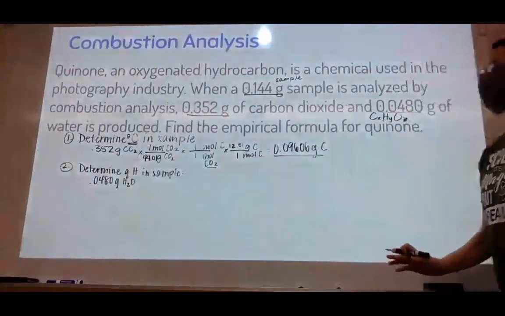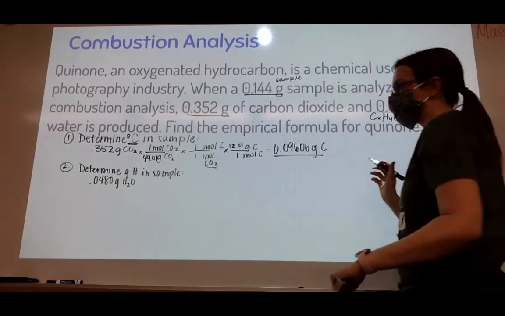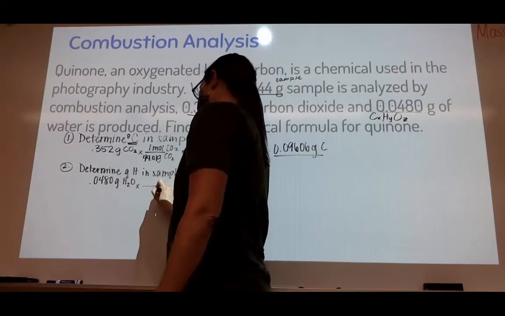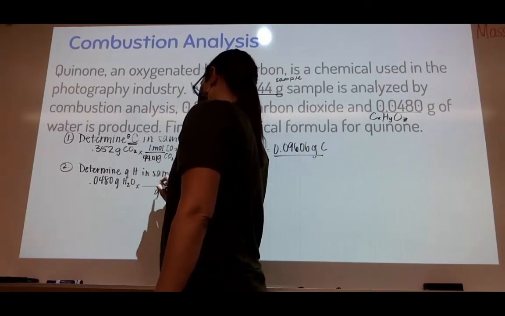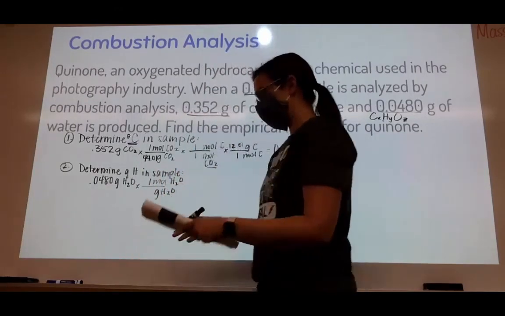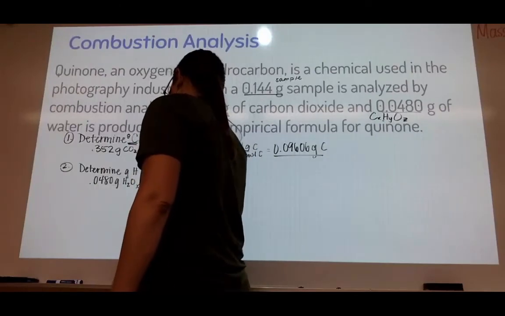Now I have to stoich from grams of H2O all the way to grams of just hydrogen. So I'm going to take my given information and go to moles of H2O. So the molar mass of water is 18.016.